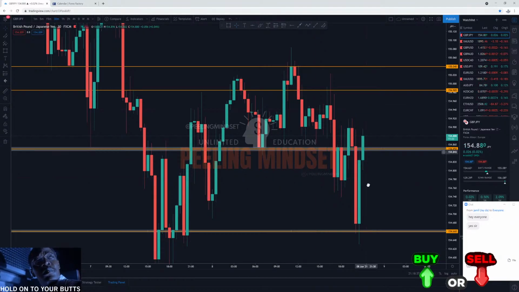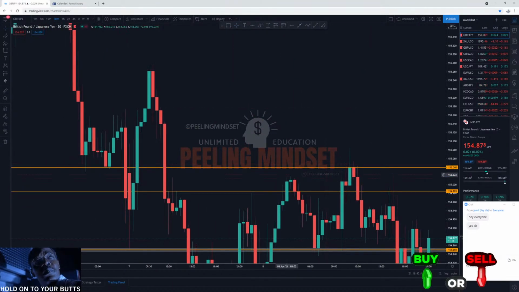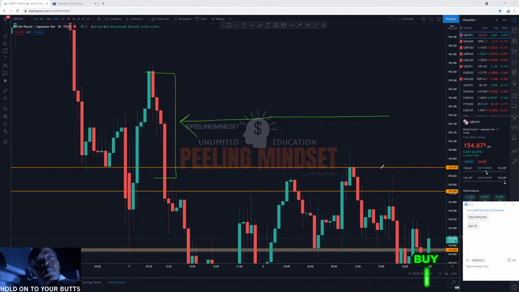So I don't want to be a part of difficult moves here. I want to be part of the cleaner moves, the juicy moves. And what is a juicy move here? Maybe this. Prices above 154.40. That could be a juicy move right there. So that's something I'm actually waiting for.